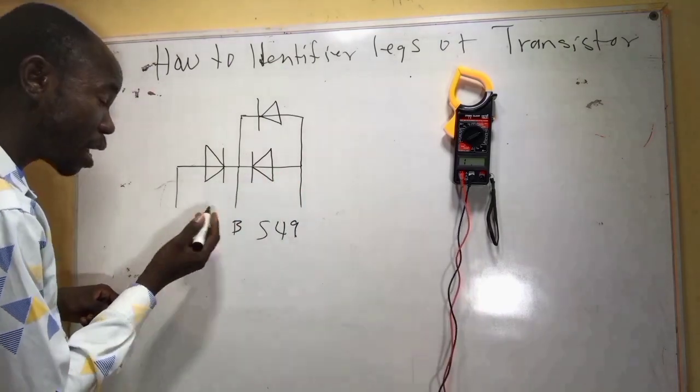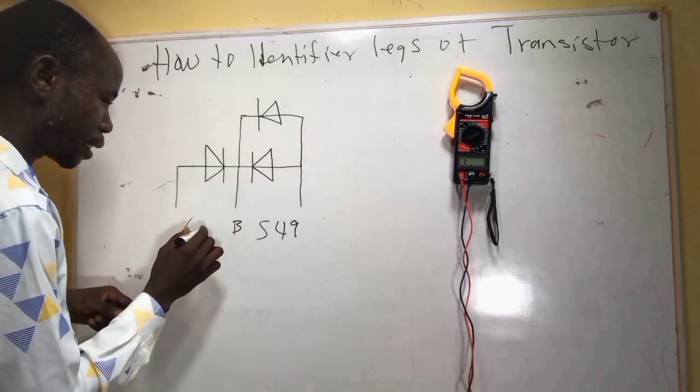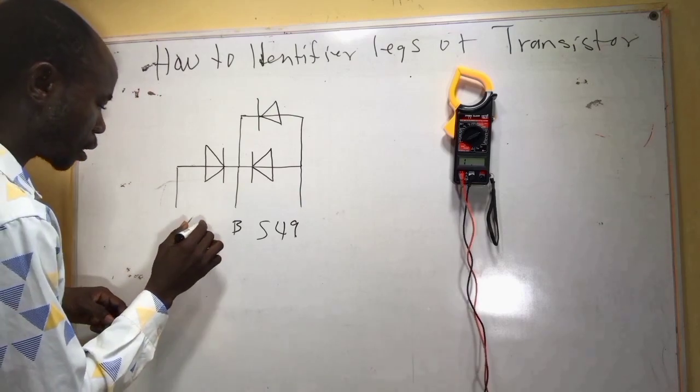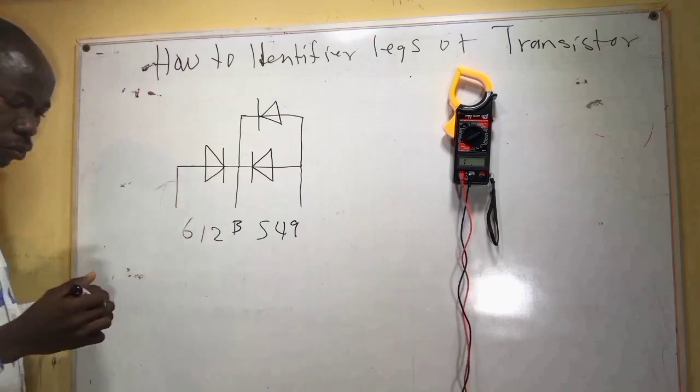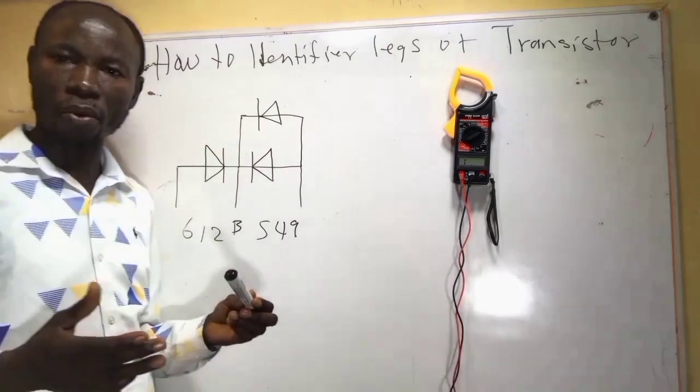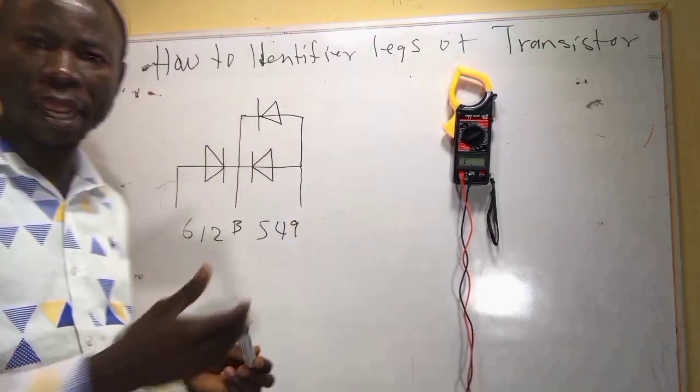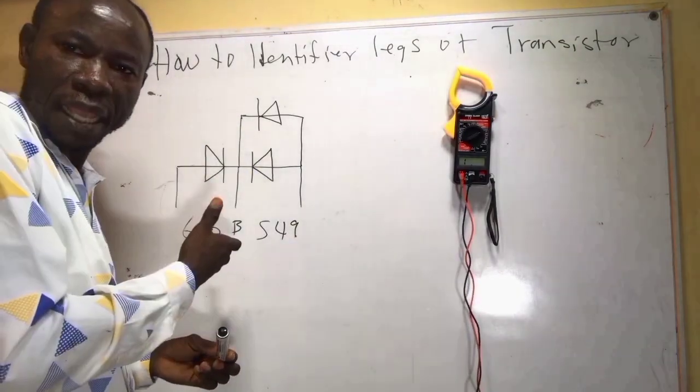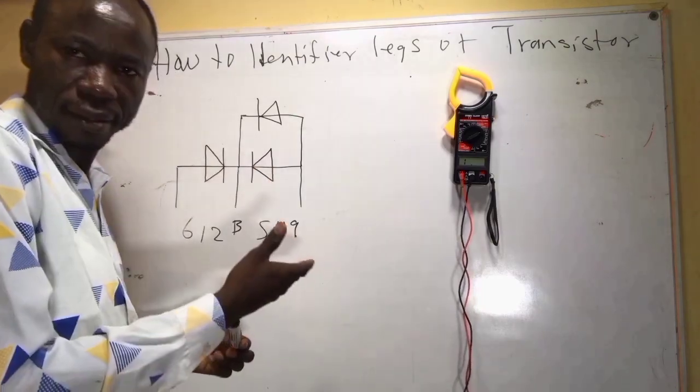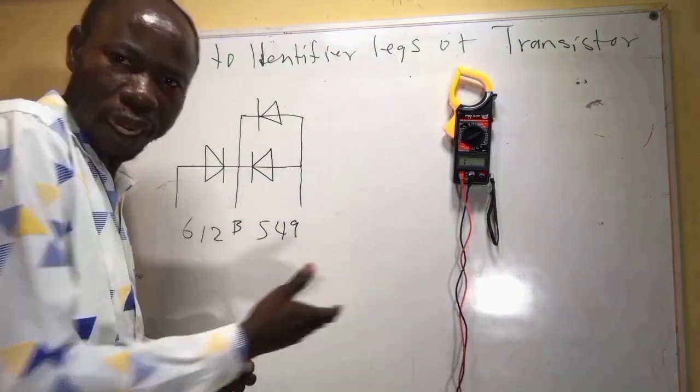It will be maybe 612. So now we can identify which is the emitter, which is the base and which is the collector.